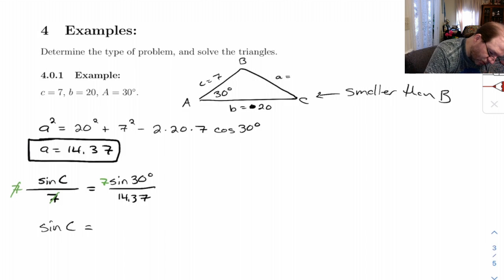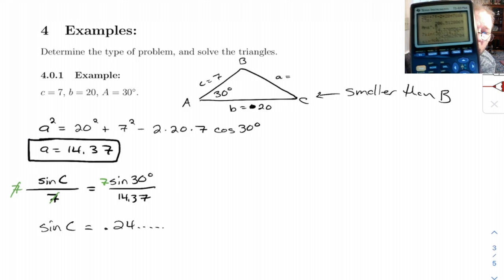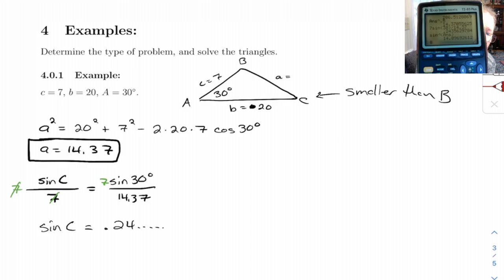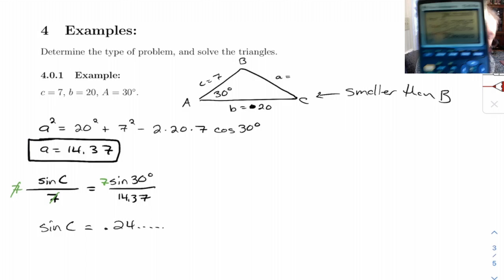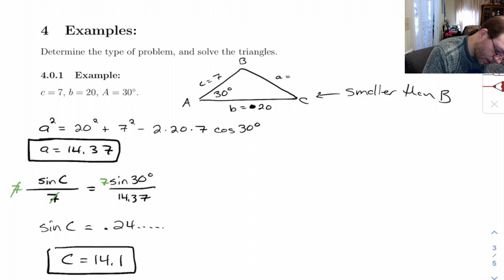It gives me 0.24 and some decimals. I'm just going to leave that in here, and I'm going to do inverse sine of answer like this. And then I get this for my angle. I'm going to round that to 14.1. So C equals 14.1 degrees.